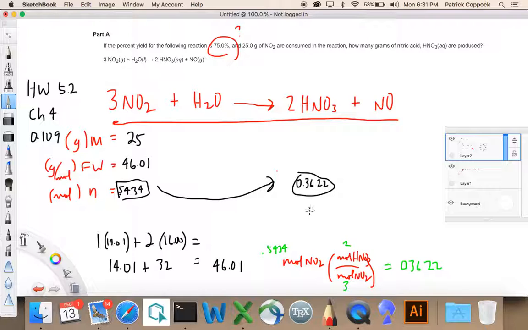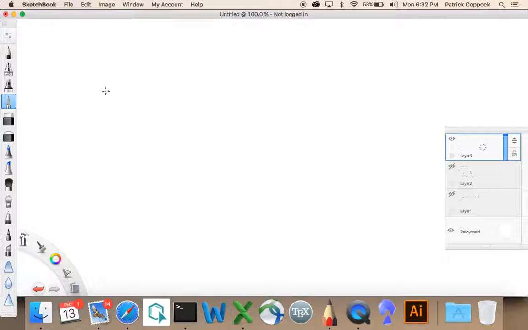Okay, now I'm ready to see what this 75% means. Let's look at the grams up here. In order to go up to grams, I have to go through formula weight again. I'm running out of space here, so let me come up with another page.